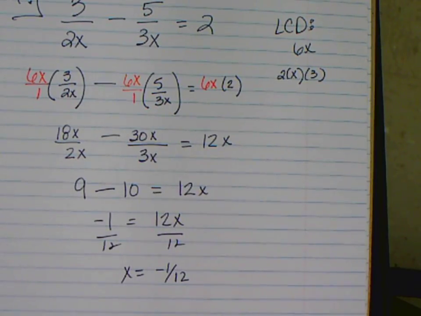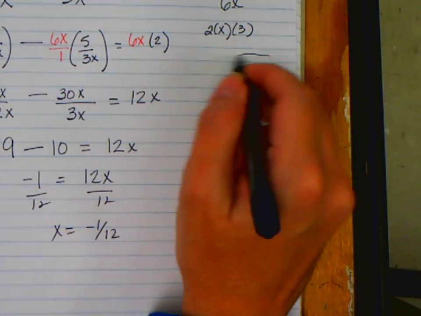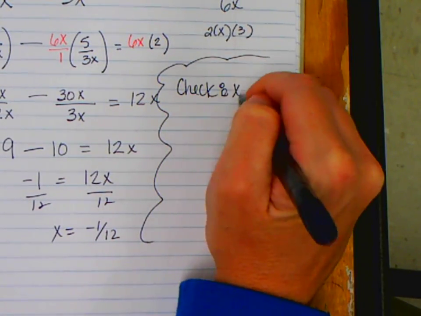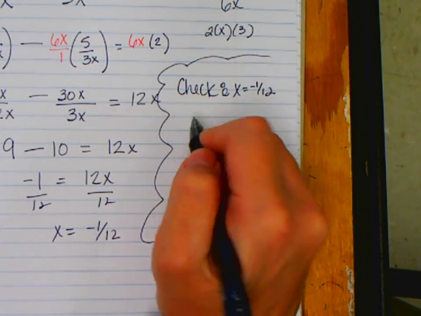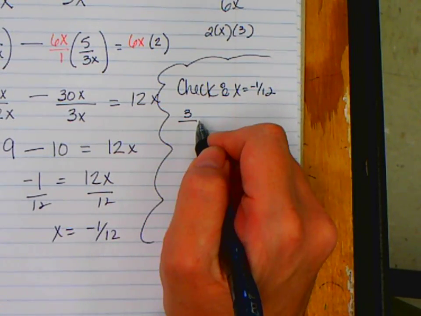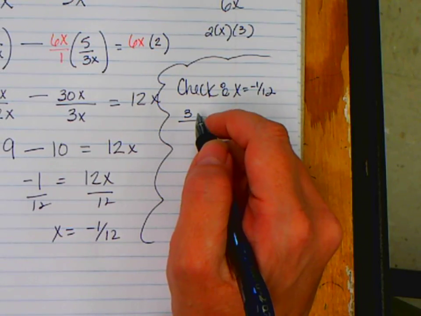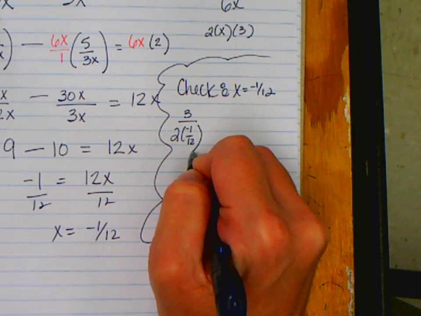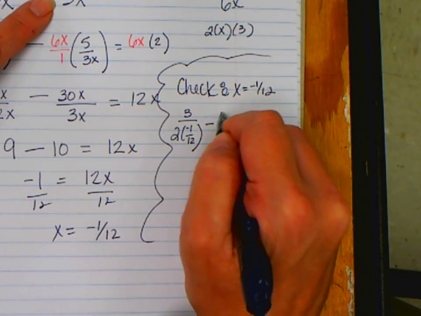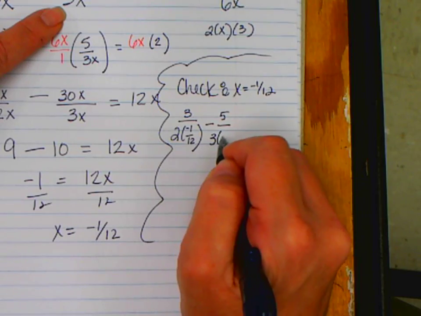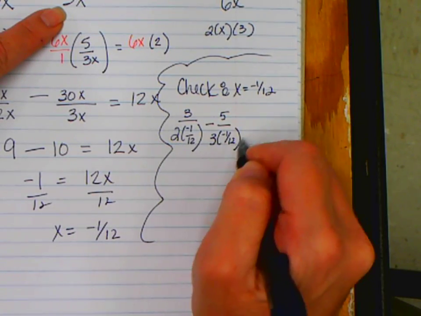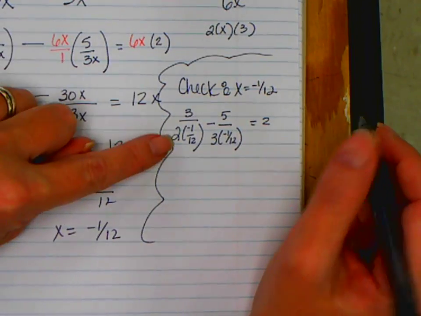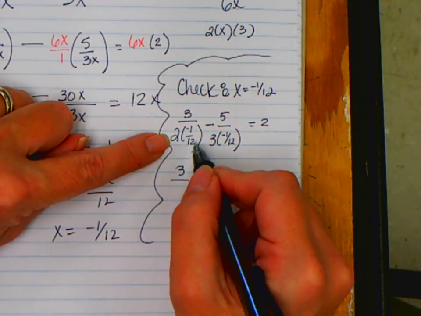All right, well, I'm just going to try and do most of this by hand. So we have, this will be a good little practice in all our fraction stuff, 3 divided by 2 times -1/12 minus 5 divided by 3 times -1/12 equals 2. All right, so 3 over 2 times -1/12.